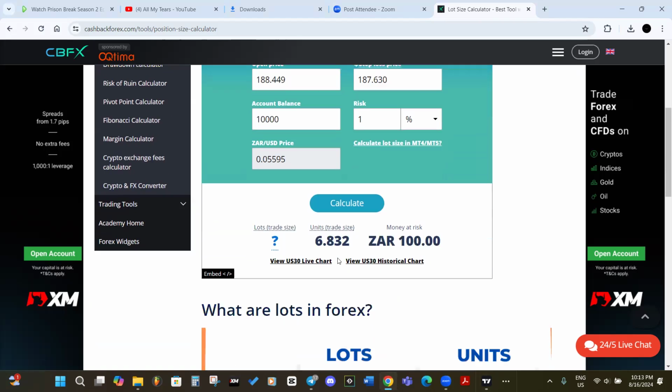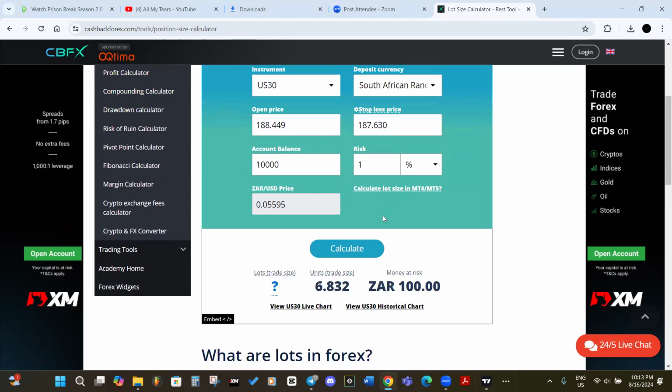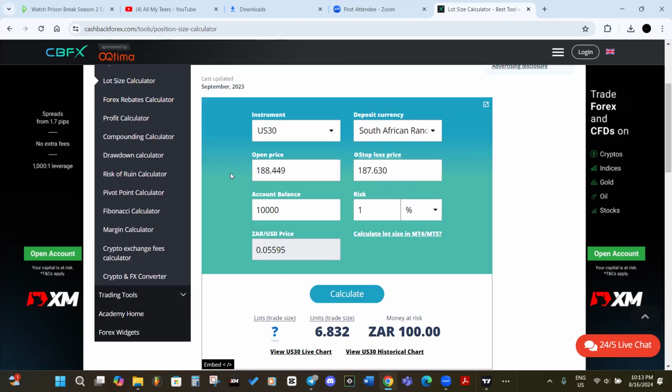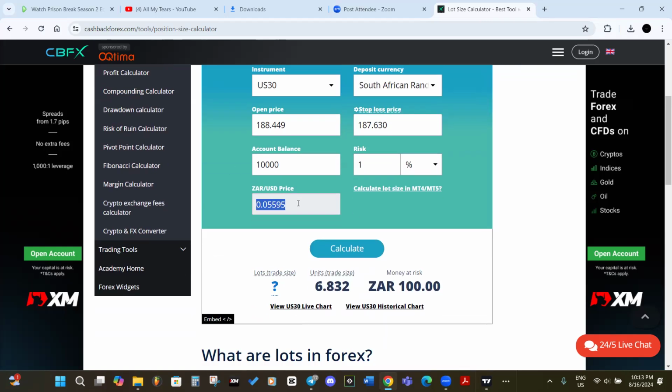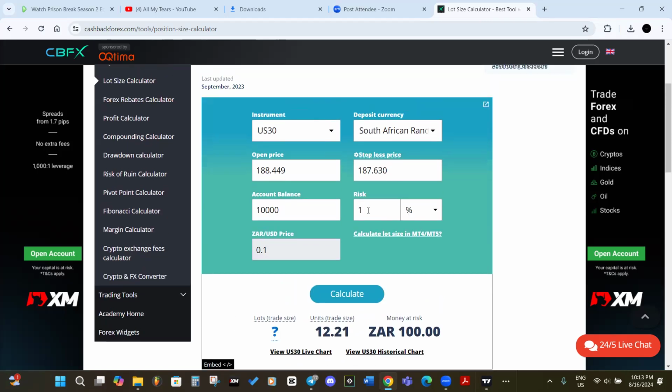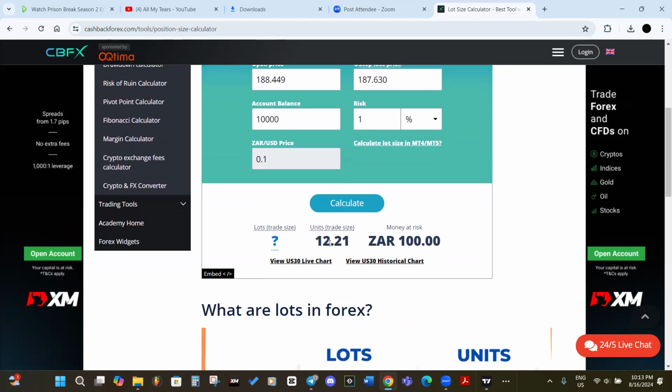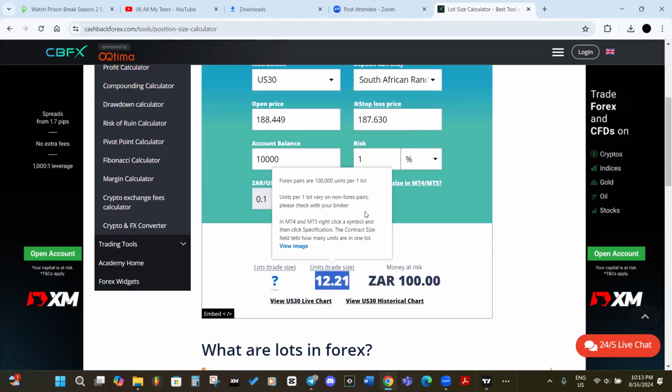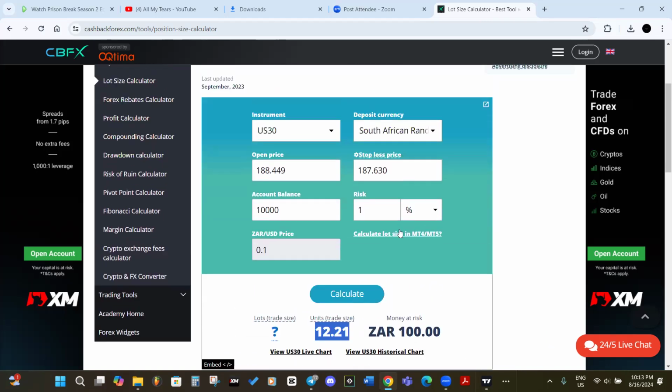When you calculate, I'm making a mistake somewhere. If you are risking 1% based on your 10K account, this is the lot size you'll be trading. I think I'm making a mistake somewhere.